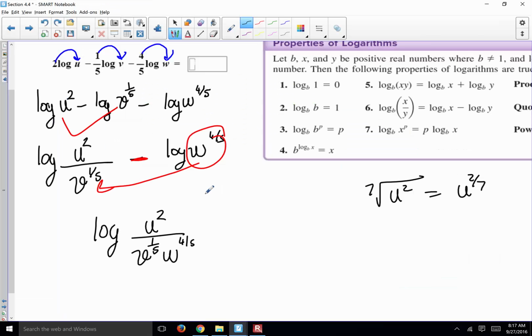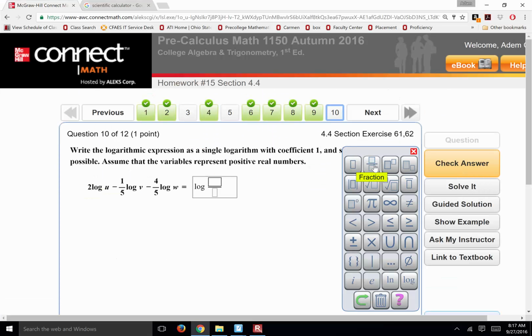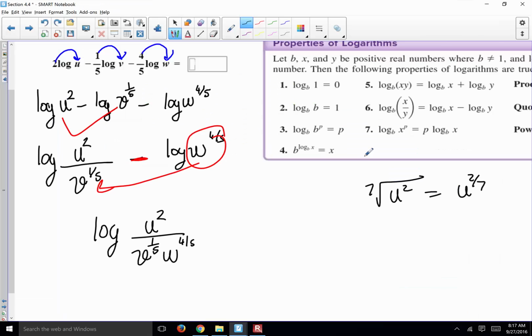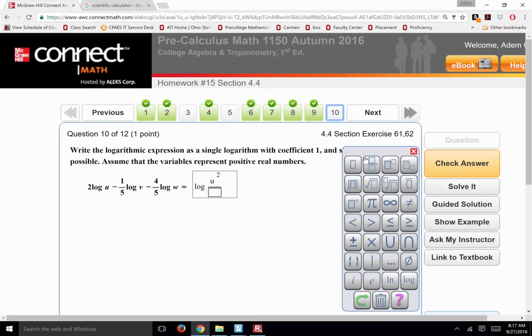So we have a fraction coming in, u squared over v to the power 1/5. Was that 1/5?